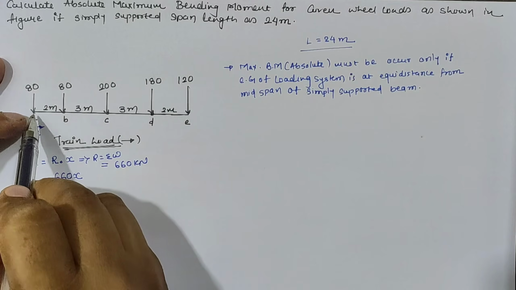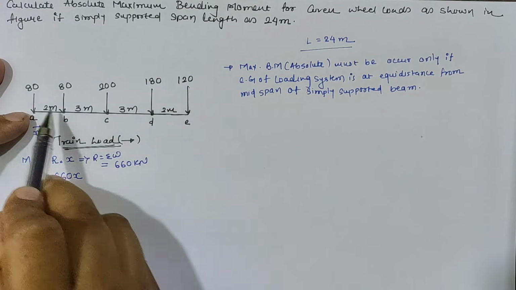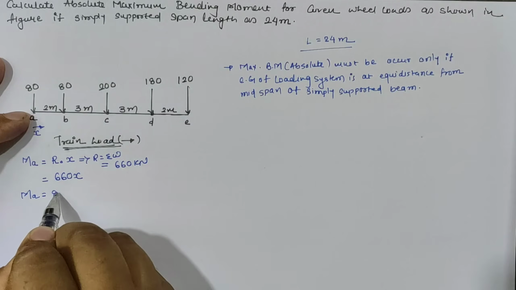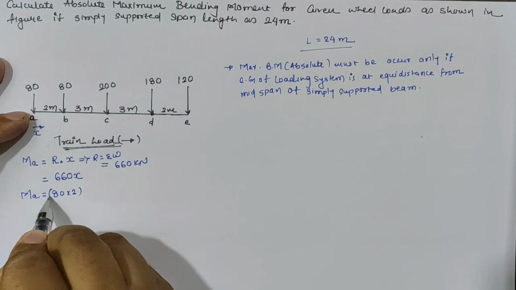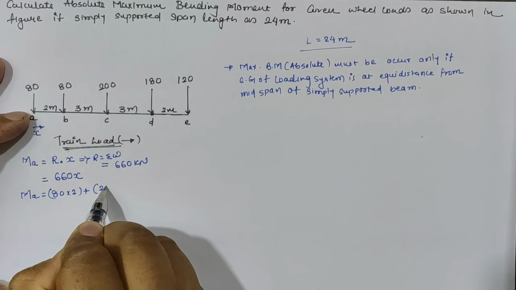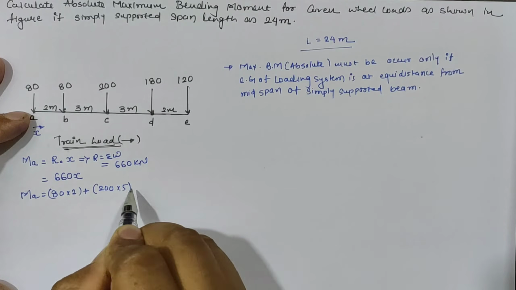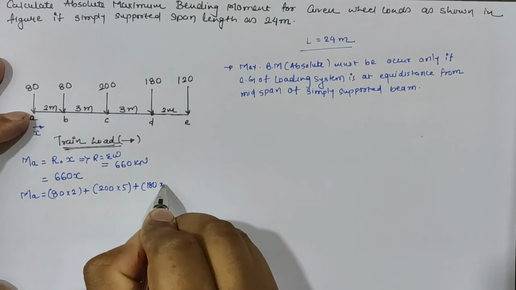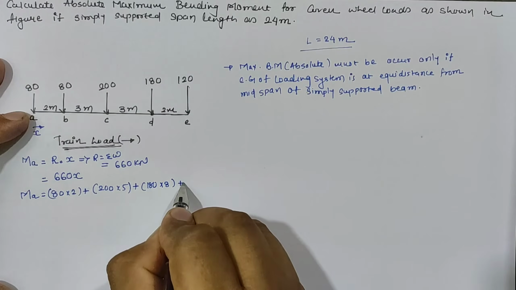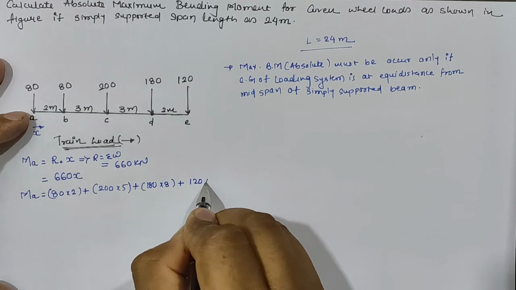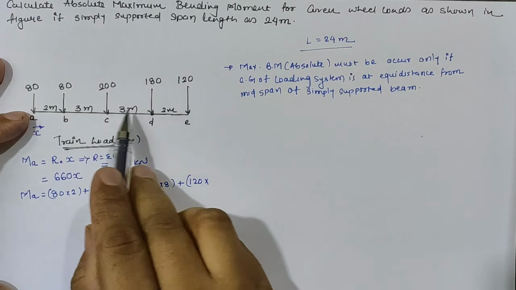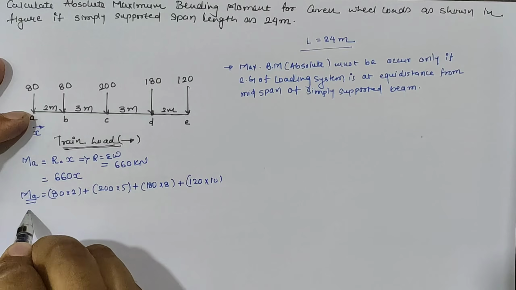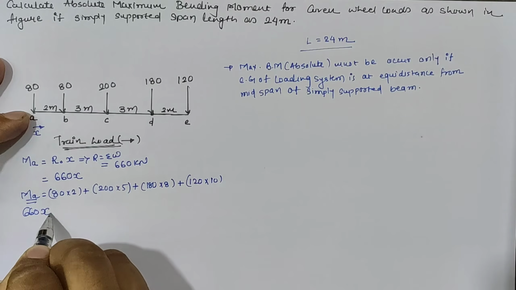Now the moment at A due to the point loads is equal to 80 into 2 plus 200 into 5 plus 180 into 8 plus 120 into 10. Now MA is equal to 660 into x.